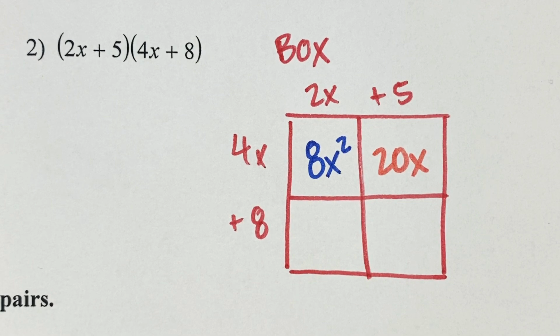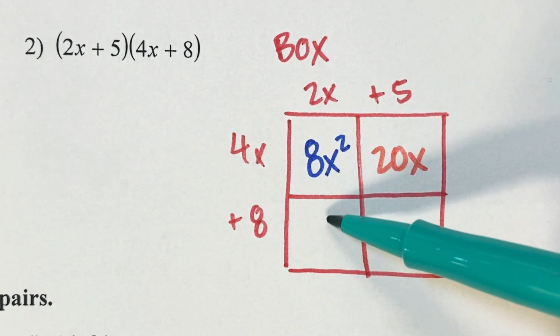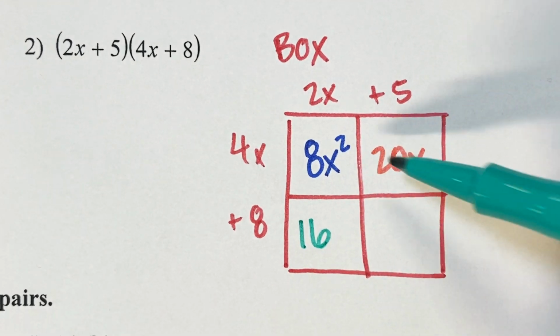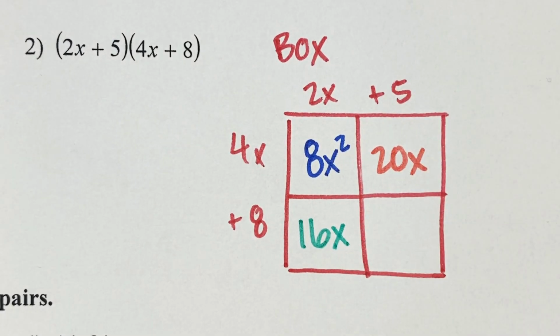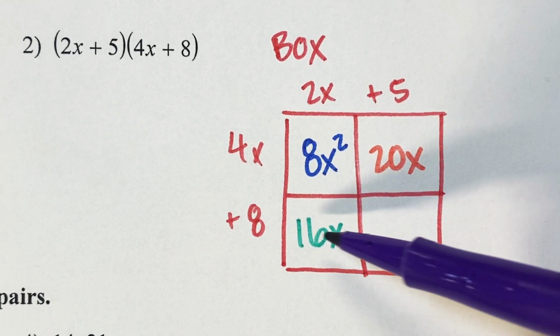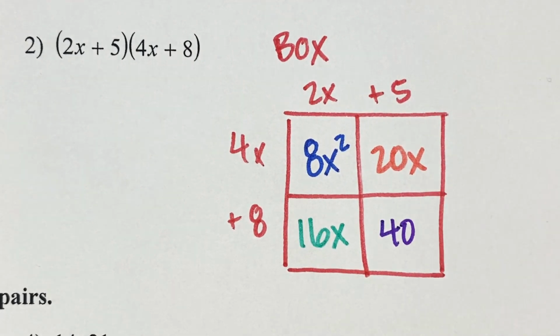Beautiful. Our next box down here lines up with 2x times 8. What is 2 times 8? 16, 1x attached, so 16x. And our very last box lines up with 5 times 8. 5 times 8 is going to give me 40.